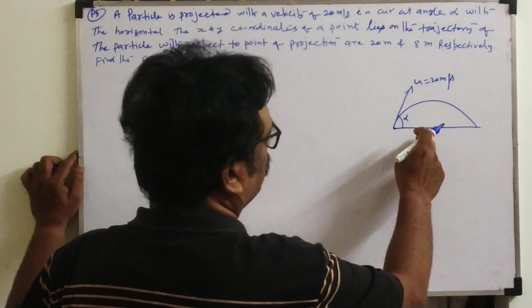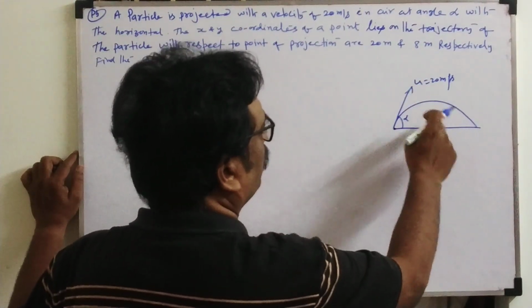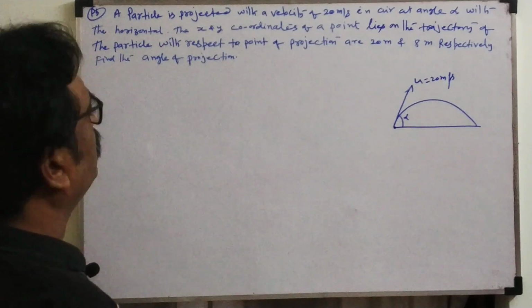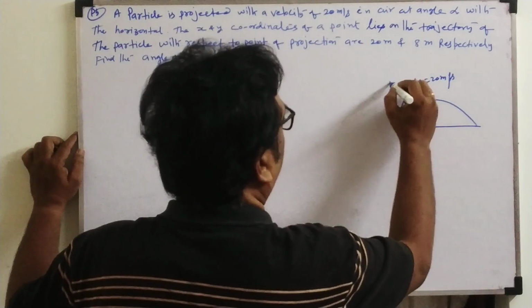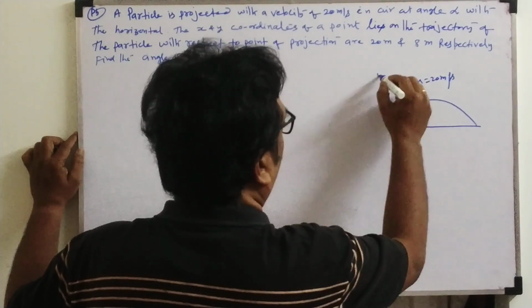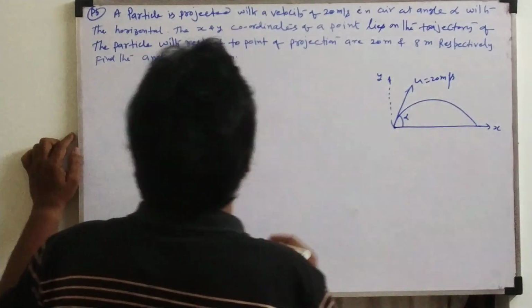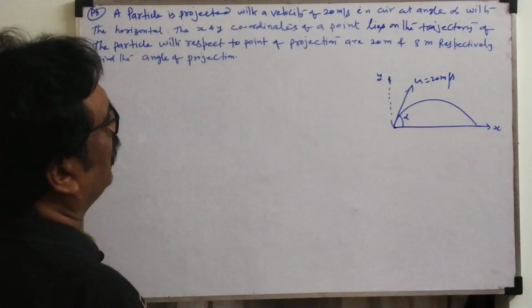So what is the angle of projection? The x and y are coordinates. This is the y. These are the coordinates of a point that lies on the trajectory.